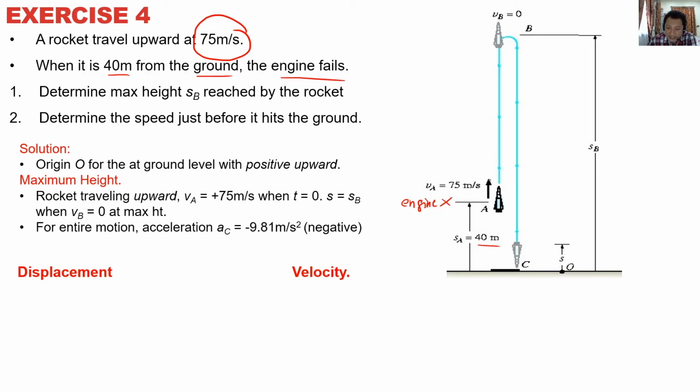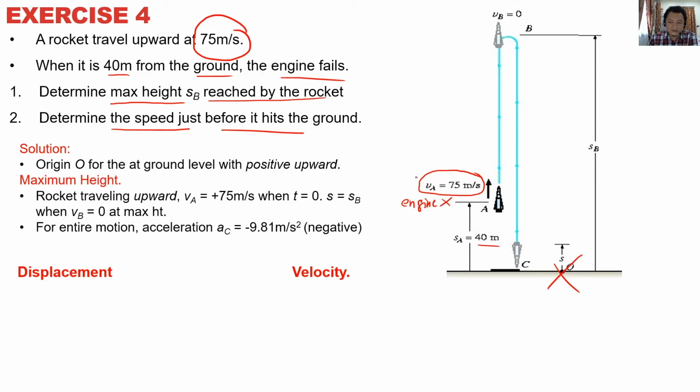So it is traveling at the original velocity only. There is no additional power or additional force driving the rocket going up. Determine the maximum height that is going to be reached by the rocket and determine the speed just before it hits the ground at the floor here.